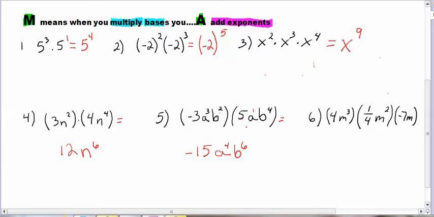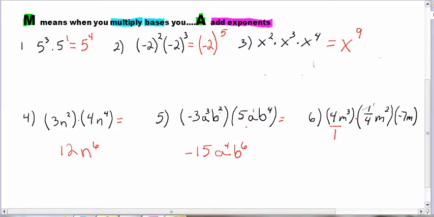Okay, my last one, I have a fraction with a 4 and a 7, and these are all multiplication. So I am going to make my 4 a fraction, because if I look at it closely, I am going to be able to do some cross-canceling. Now I've got 4 over 1 times 1 over 4.